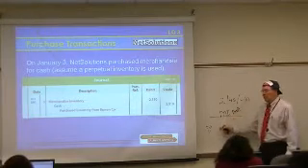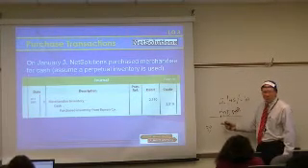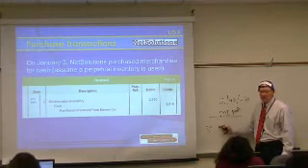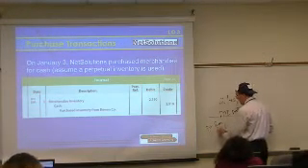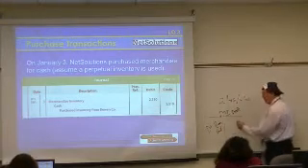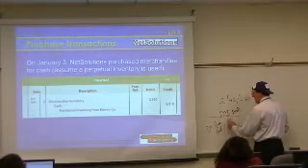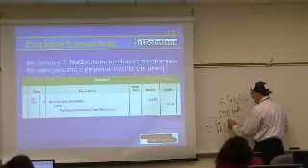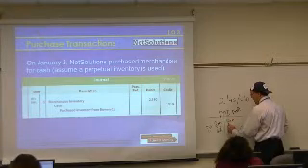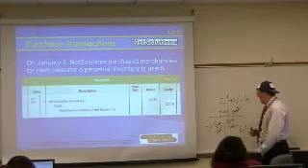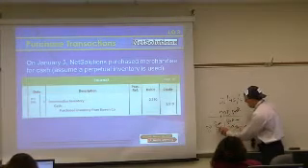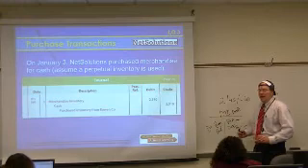Can anybody tell me, when we're buying things, what increases merchandise inventory? Purchases and freight. What decreases it? Purchase returns and allowances, and purchase discount. They decrease, these increase.